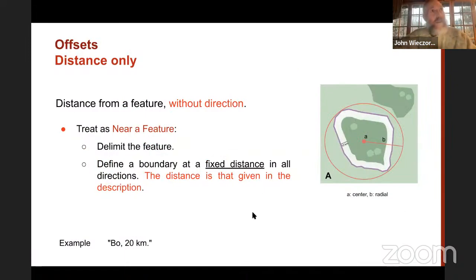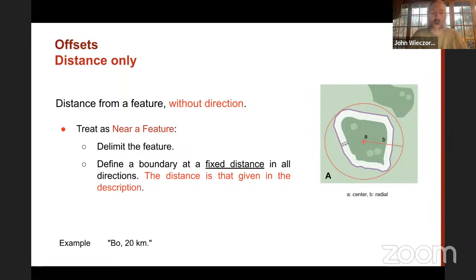So offset means distance. And sometimes a description has only a distance. It doesn't say which direction. So if you think about this, it's actually a corollary to the near a feature description, except that in this case, somebody's actually telling us what near means. They're giving us the distance. So the example you can see at the bottom of this slide is Bow, 20 kilometers.